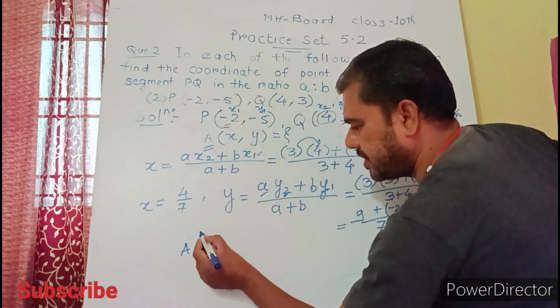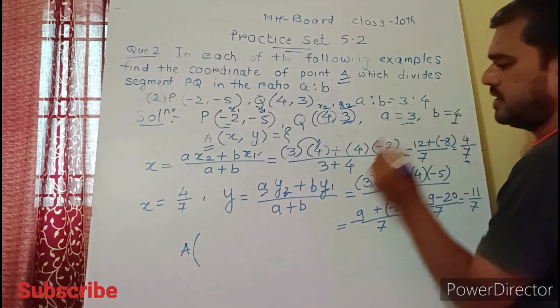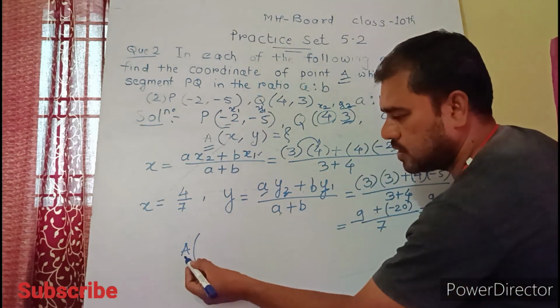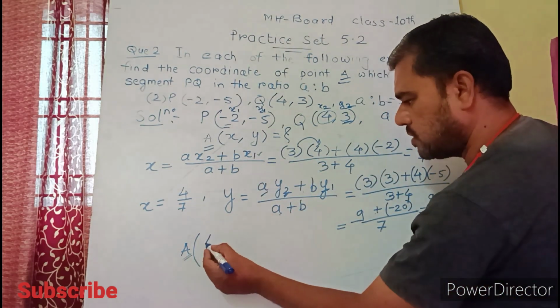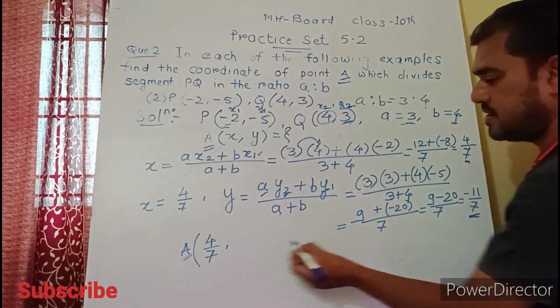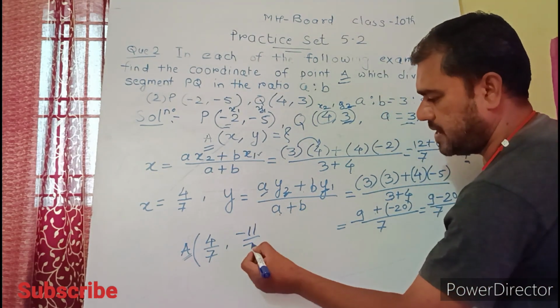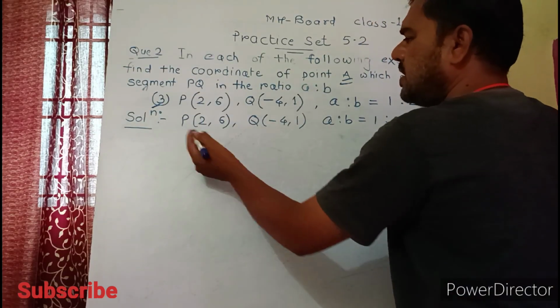The point A, which is dividing the segment PQ in the ratio 3:4, therefore has x coordinate 4 by 7 and y coordinate minus 11 by 7.